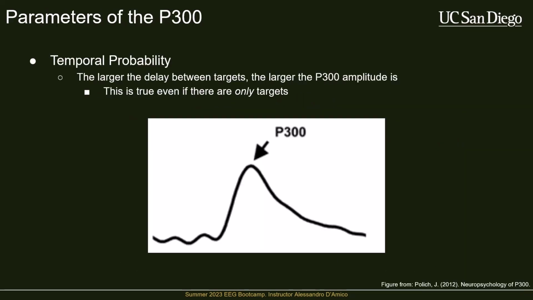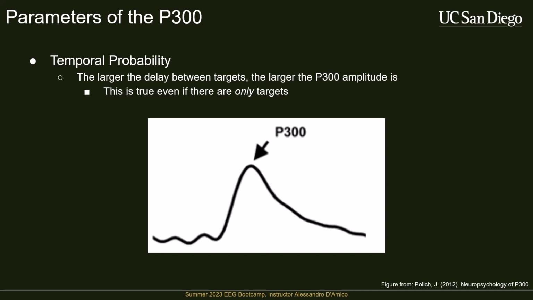So yeah, the temporal probability affects it. More delay equals bigger P300. So really, really rapid tasks will have a slightly smaller P3. Luckily, especially in our use case of BCIs, it's so potent that you can still go pretty fast, like 500 millisecond delay or less, and still get really, really potent P3s.